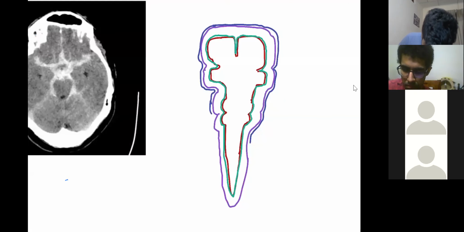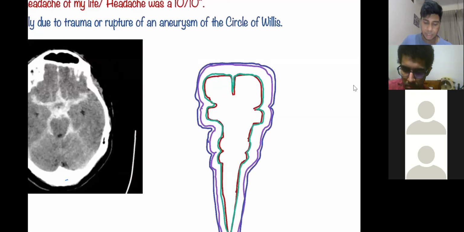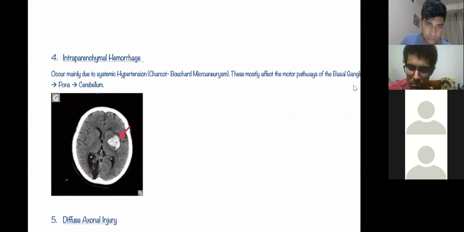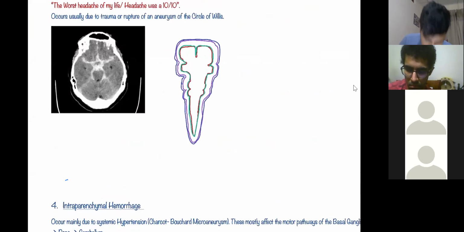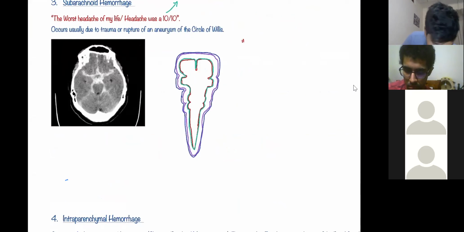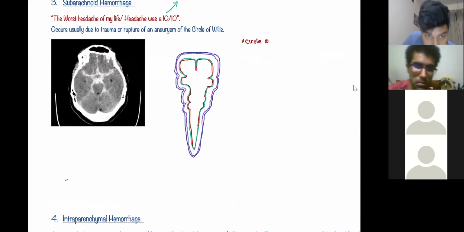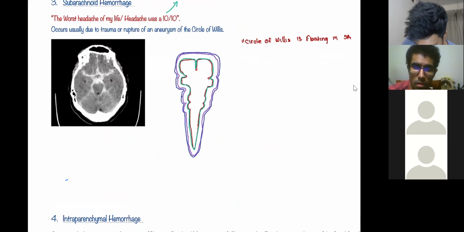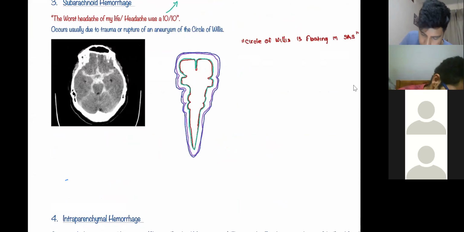Now what I need you to know is this is the diagram I'm going to use for this and intraparenchymal hemorrhage. Okay, remember the circle of Willis, write this in red. Circle of Willis is floating in subarachnoid space. That is basically in CSF. It's floating around in the CSF.